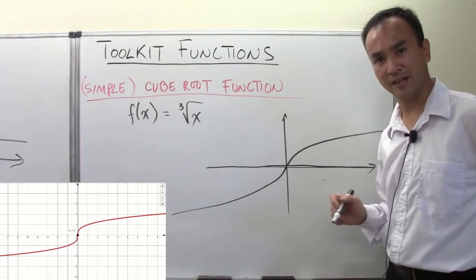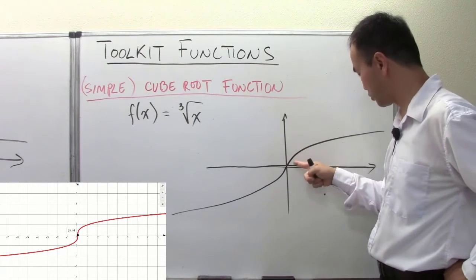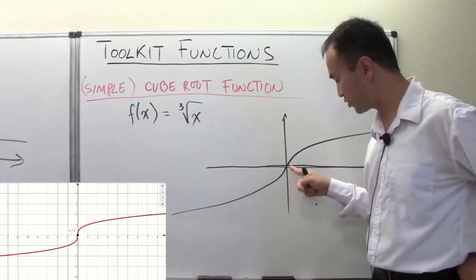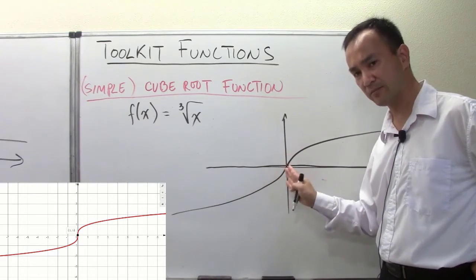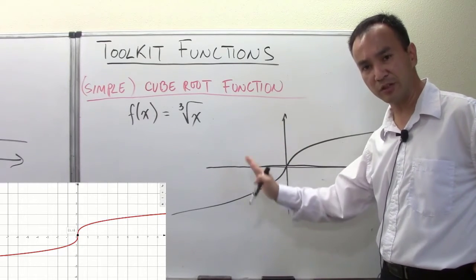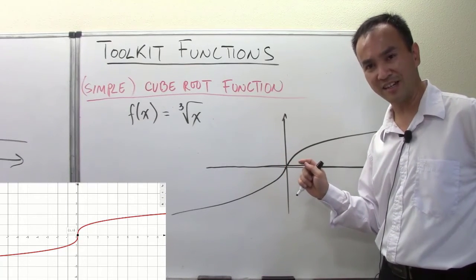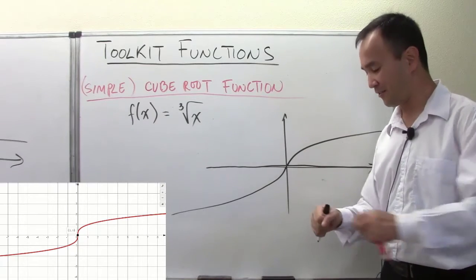That's the cube root. I'm not saying it is the square root function, but it's almost like the square root on the positive side, and then it has that duplicate on the opposite side. It does have some symmetry, and we will cover symmetry in more detail when we get to learning about transformations, and symmetry of any graph.